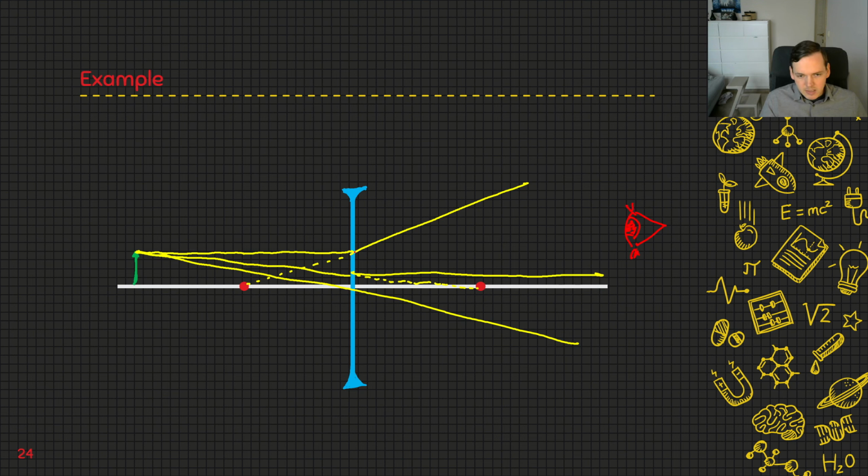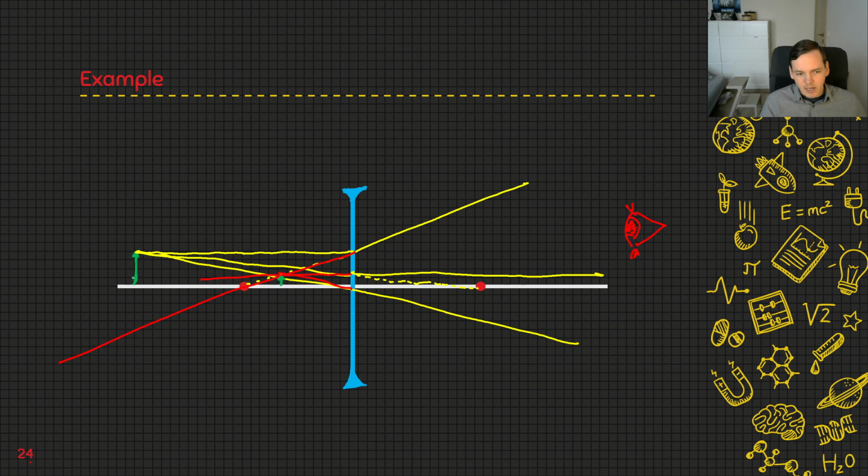Well, this line is nice and easy. It thinks it came from down there. This line's pretty easy. Horizontally, it thinks it came from there. This line's pretty easy. It thinks it came from where it did come from, right here. Those are sloppy, but hopefully you see they do intersect, or you can at least buy into the fact that if these were all perfectly straight lines, they'd intersect. And we get a little arrow down here.